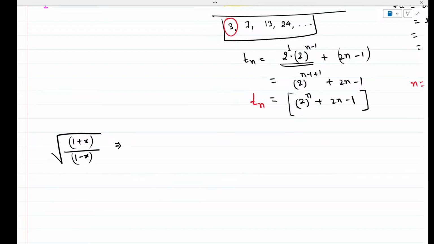So I just split the square roots, put it into multiplication: square root of 1 plus x upon square root of 1 minus x.